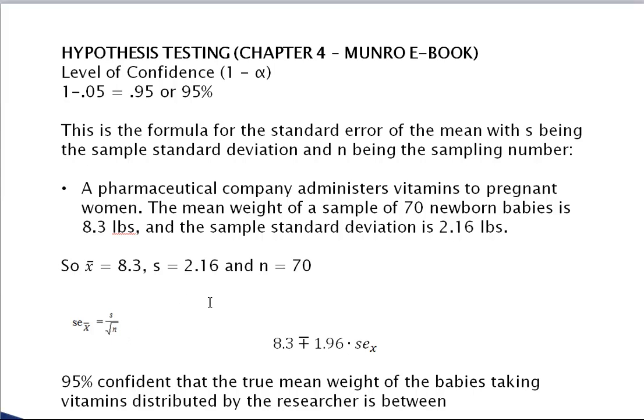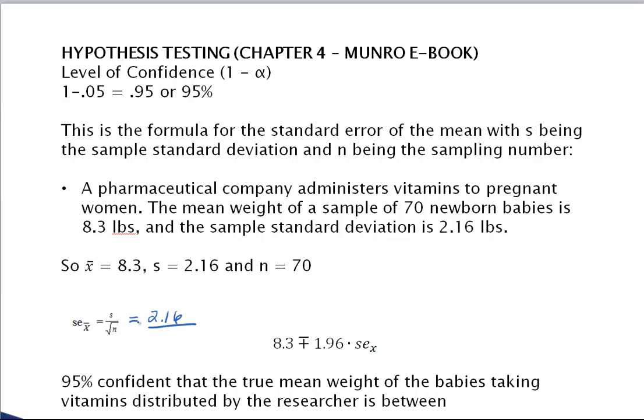So we have this information. Let's take a look at the scenario, because I like doing examples, since illustrating makes sense and makes something concrete. We're going to look at getting the confidence interval. So here, we take the sample standard deviation, which is 2.16.